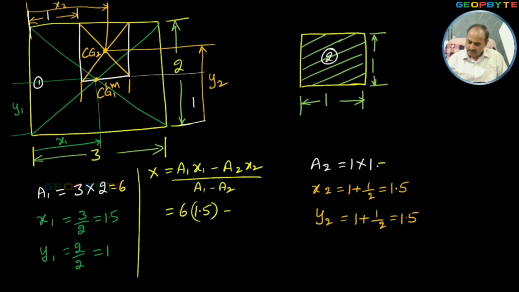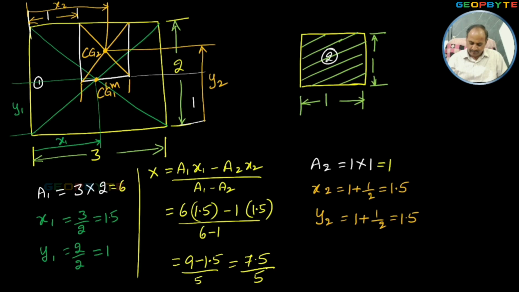A2 is equal to 1, 1 into x2, 1.5, divided by a1 6 minus 1. It is (9 minus 1.5) divided by 5, equal to 7.5 divided by 5. That is the x value.